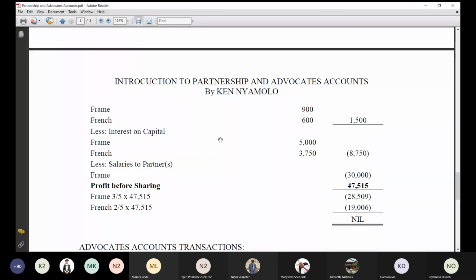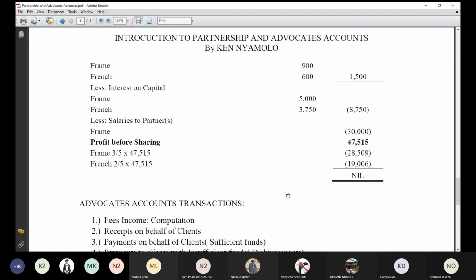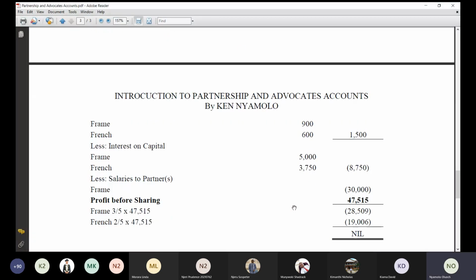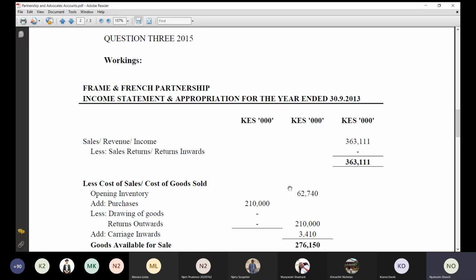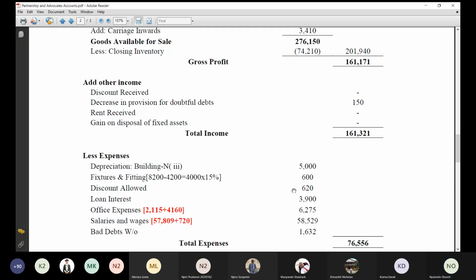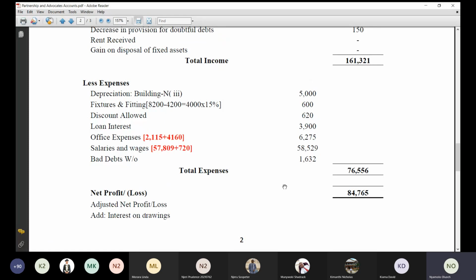For the reason that if I introduce them at this point, I'm suspecting that we would be constipated and we might even lose the good knowledge that we've gathered. I will also combine it with something that I will do in advocate's accounts. So up to that point, I will restrict my questions to the income account and of course the appropriation account.